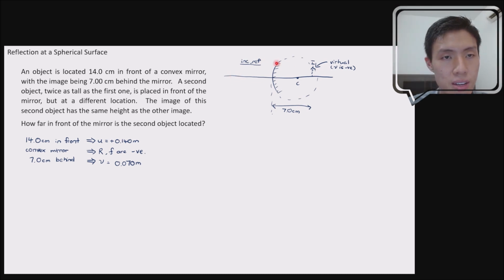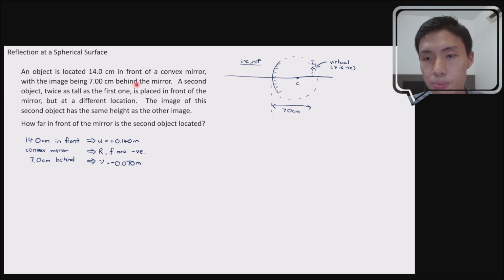So your reflected ray and your image will be on opposite sides of the spherical mirror. The virtual image is on the right-hand side of the vertex, whereas the reflected ray is on the left-hand side. Since the image and the reflected ray are on opposite sides of the mirror, v here will be a negative value. This is for the first sentence only.